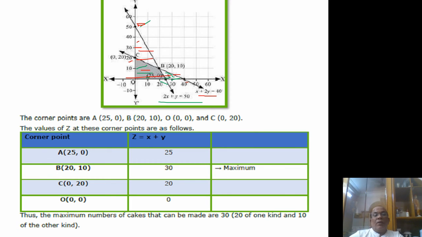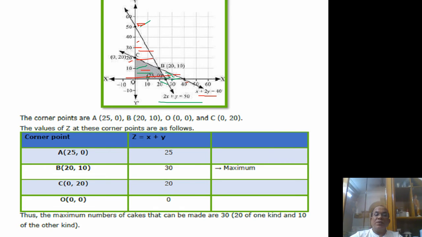Now, we can see that the common green and red region is what? This is the quadrilateral OABC, and these are the points. This is the feasible region, and at the corner points we will find the maximum. We have to find the maximum or minimum value of z, but since we are going to find the maximum value of z, our z is x plus y.